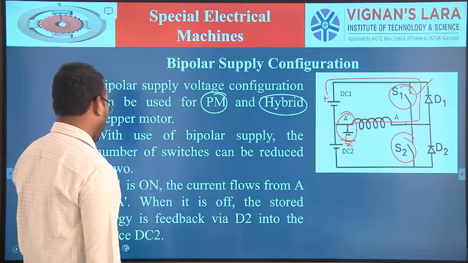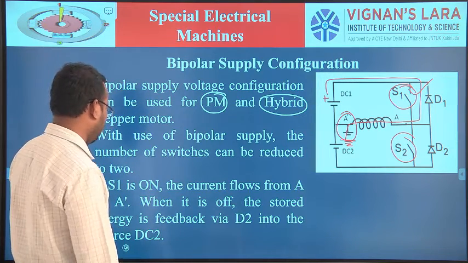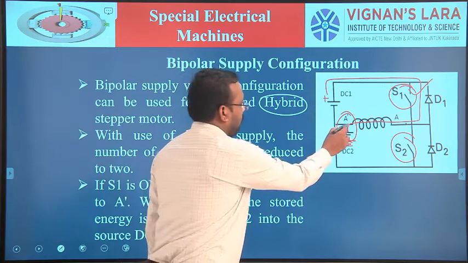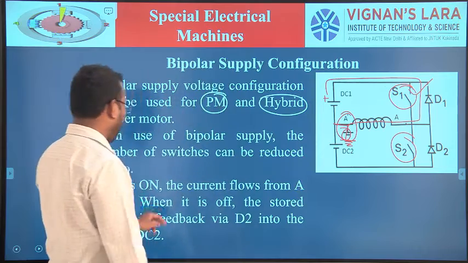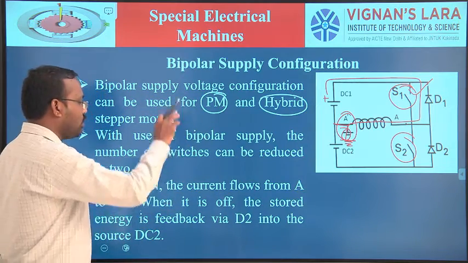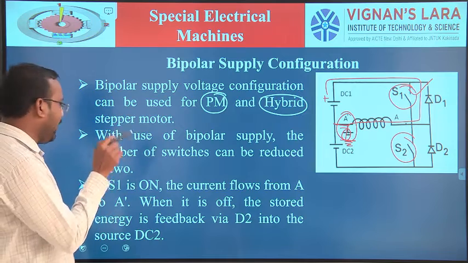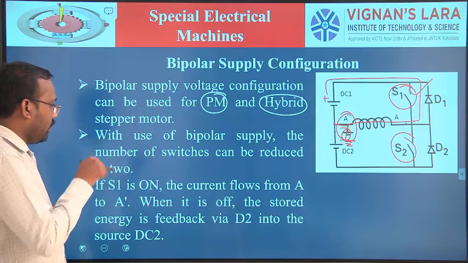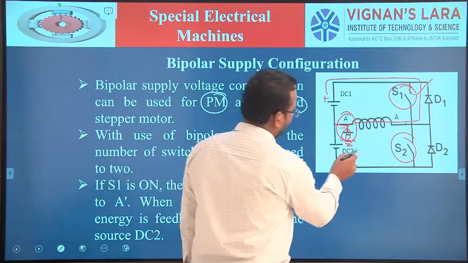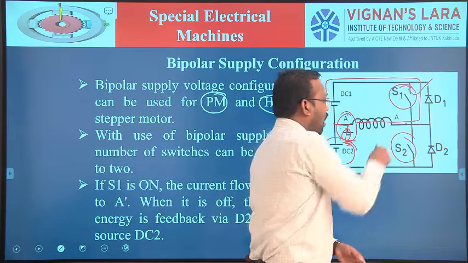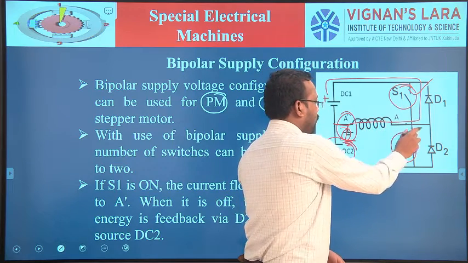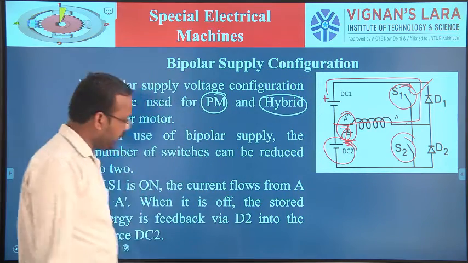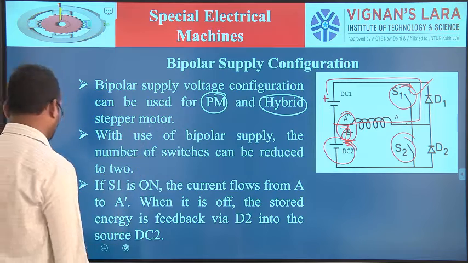When S1 is off, the energy stored in the inductive winding is fed back via D2 into the source DC2. Once S1 is turned off, the energy flows through diode D2 back to the source DC2. So this is one mode of operation.